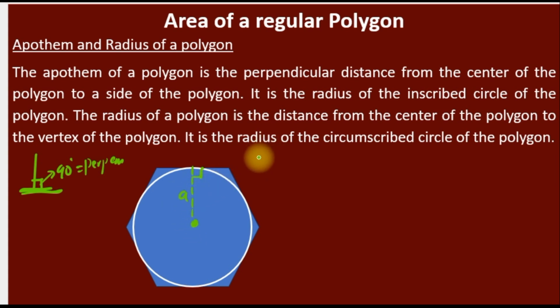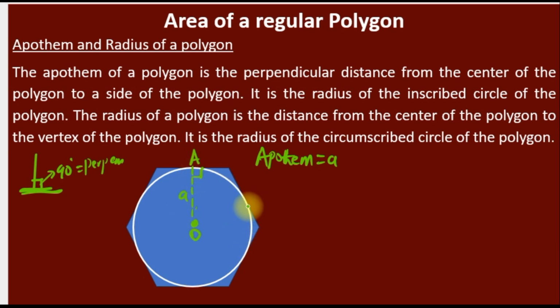Let's denote the apothem by a. The distance from this center O to this point is the apothem, so OA is the apothem, a. And we can also define it as the radius of the inscribed circle. If I inscribe this circle, the circle in white, the radius is a.